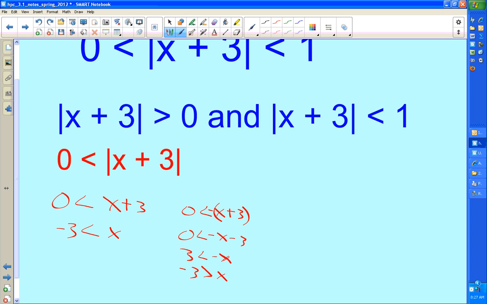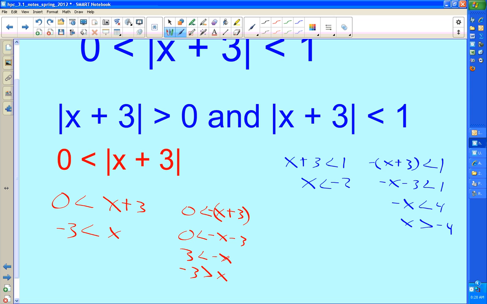And then over here, when we solve the second one, you have x plus 3 is less than 1, and the opposite of x plus 3 is less than 1. When you solve this, you get x is less than negative 2, and x is greater than negative 4.